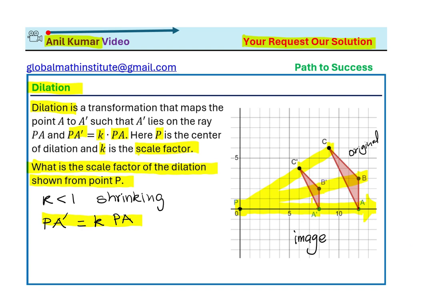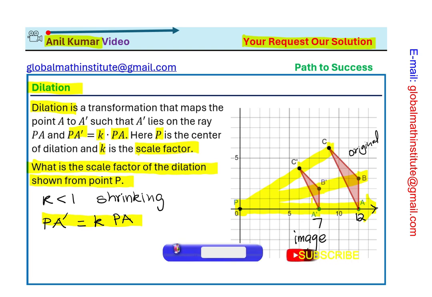Now, since A and A prime are on the x-axis, they are easy points to figure out. We know P is at the origin. A is after 10, at 12. As far as A prime is concerned, it is at 7, counting 5, 6, 7 from the scale.